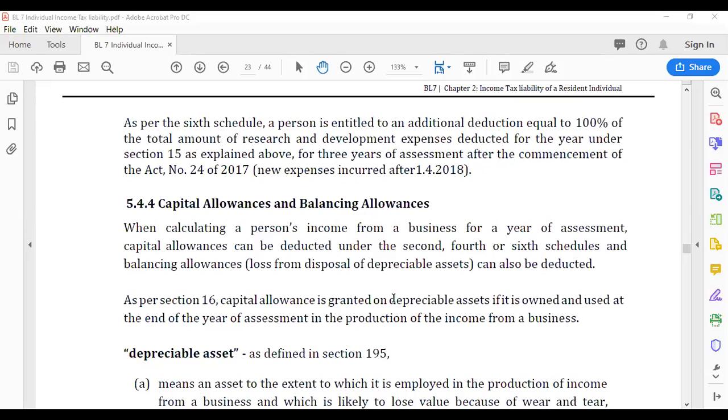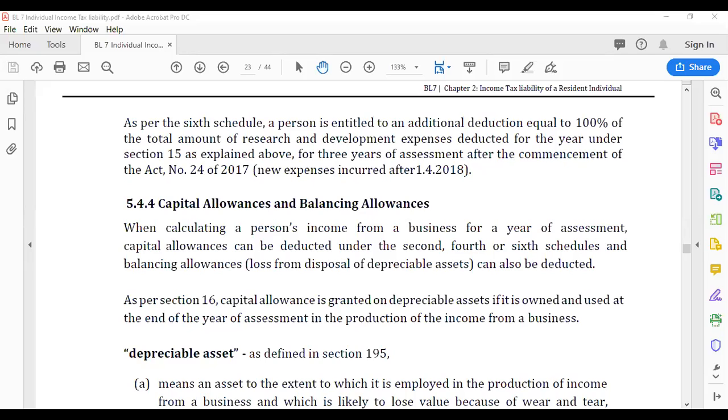Rather, in tax accounting, capital allowance is allowed. So normally, the depreciation rate is decided by whom? Say for example, you have a machine. The number of useful years is determined by whom?